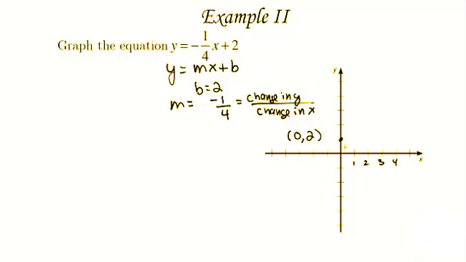So this is the point 0, 2 right here, and I'm going to decrease y by 1, and I'm going to increase x by 4.